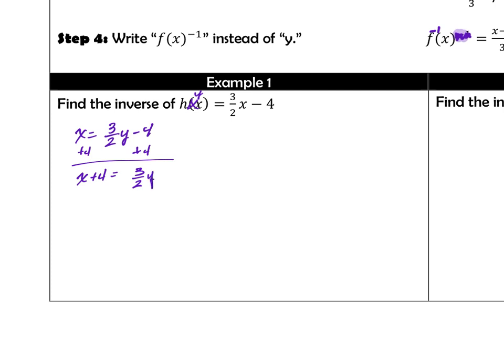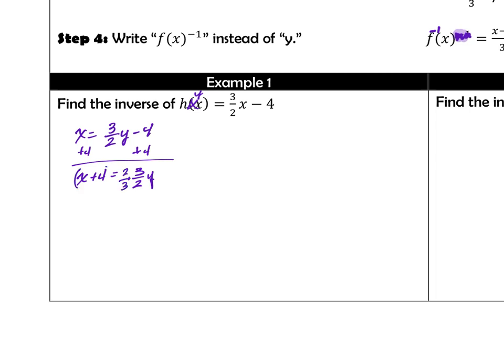Now I need to get y by itself. So what do I do to get y by itself? Well, I'm multiplying by a fraction. So how do I undo a fraction? I multiply by its reciprocal, where I take the fraction and flip it. So instead of 3 over 2, it becomes 2 over 3.